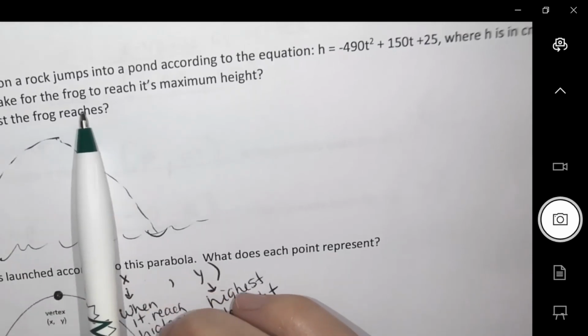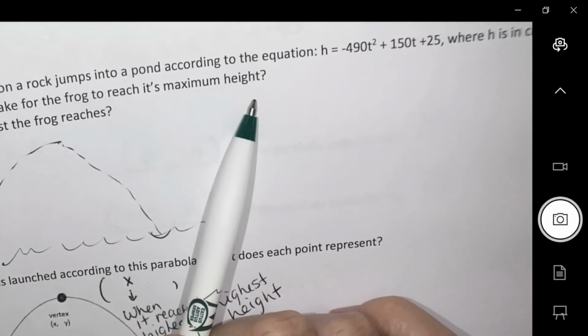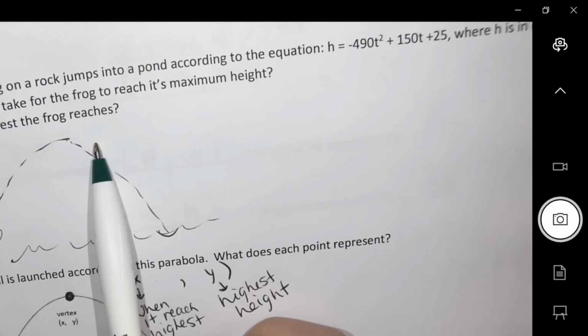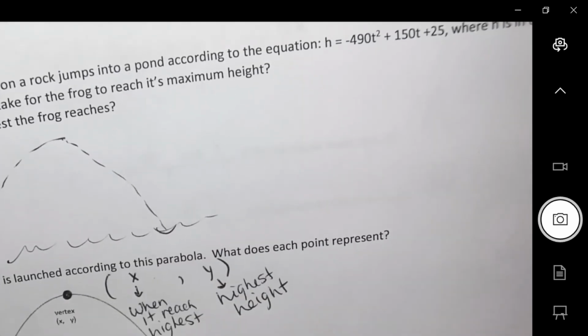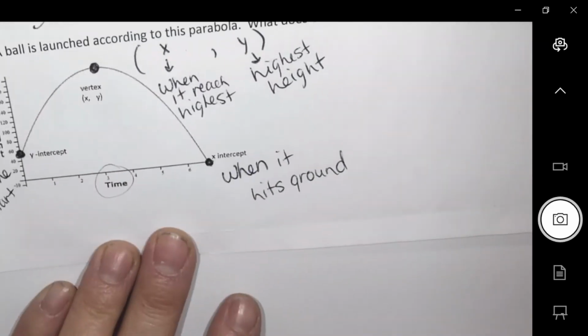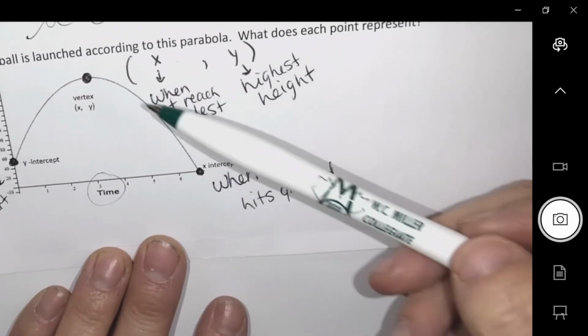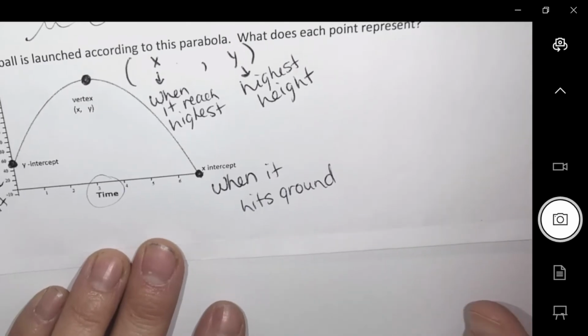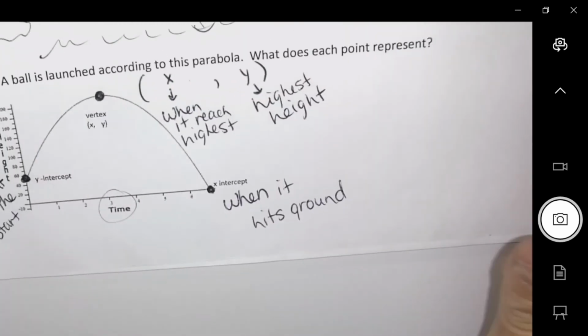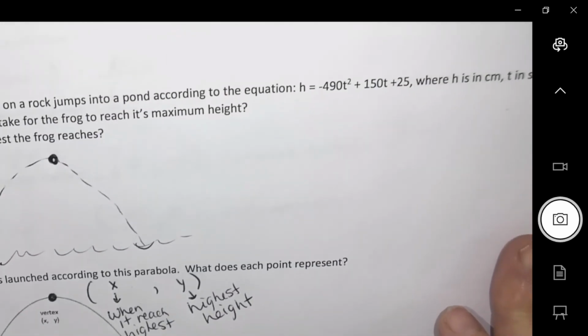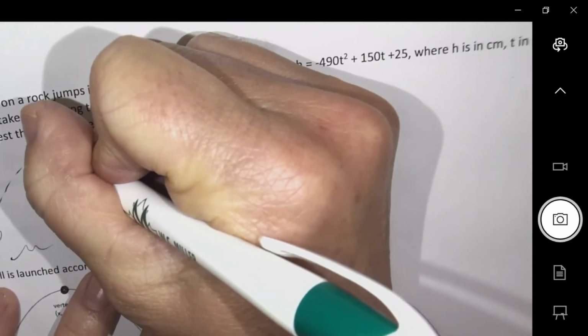So here's the question. How long does it take for the frog to reach its max height? And what is the highest height the frog reaches? So when I think about that question, what one of these important points am I thinking about? The vertex. Okay, so let's find the vertex.